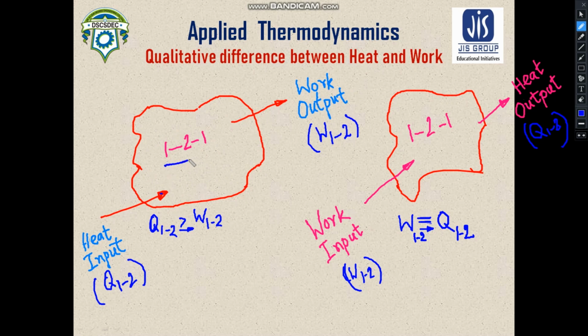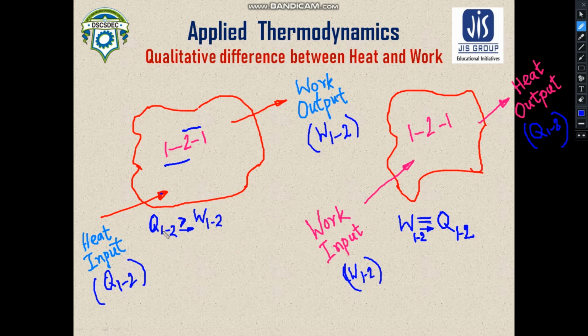Okay, so for the process 1 to 2, you can see there is a heat input here, and for the process 2 to 1, there is a work output. Now the understanding which we need to make from this case is that this Q1 to 2 is always greater than W1 to 2.